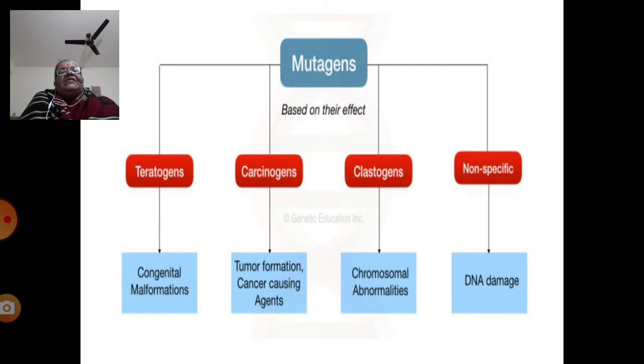They are cancer-causing agents. Clastogens are the ones which bring about chromosomal abnormalities. And non-specific category, in general, they bring about DNA damage. So, based on the effect, mutagens are also classified into teratogens, carcinogens, clastogens, and non-specific category of mutagens.